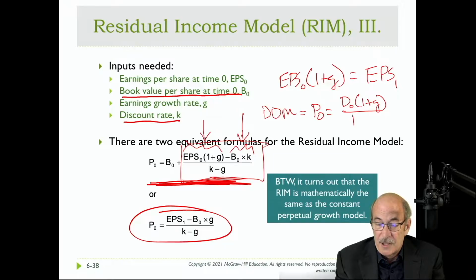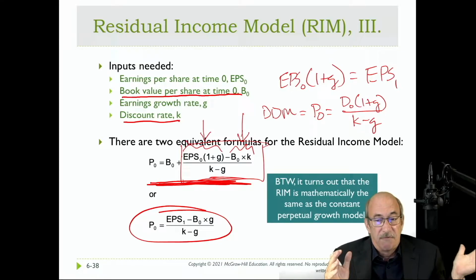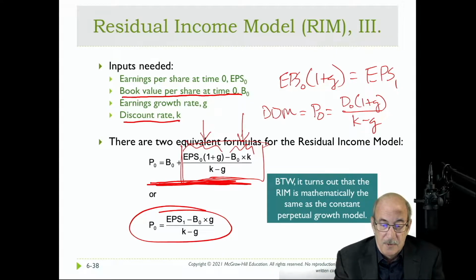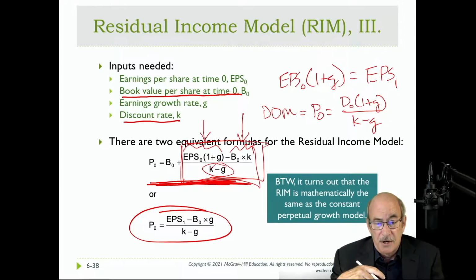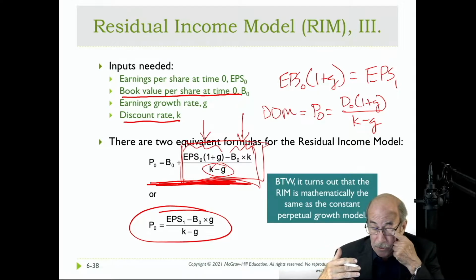And then we're going to divide that by K minus G. That is a closed form solution to an infinite series, an infinite sum. So we're summing from time 1 out to infinity, assuming constant growth. Well, look at this formula. Same sort of setup, right? We've got that K minus G in the denominator, and we've got some value in the numerator. That's perpetual growth, constant perpetual growth.